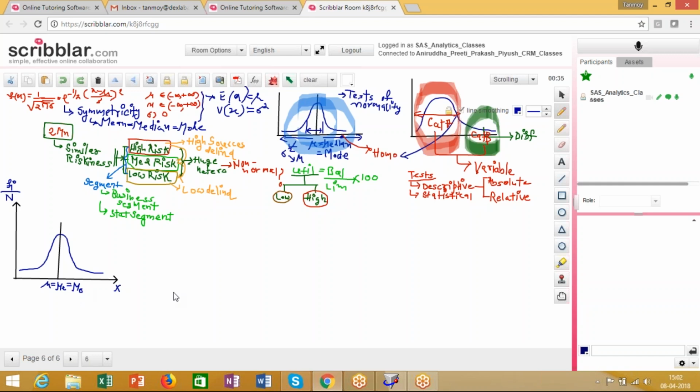The first and the most important thing that we look into is whether the mean equals median equals mode. If the mean, median, and mode are more or less close to each other, then we know that the distribution is symmetric. That means the measure of skewness tends to zero. As such, the extent of asymmetry across the variables would be very less.